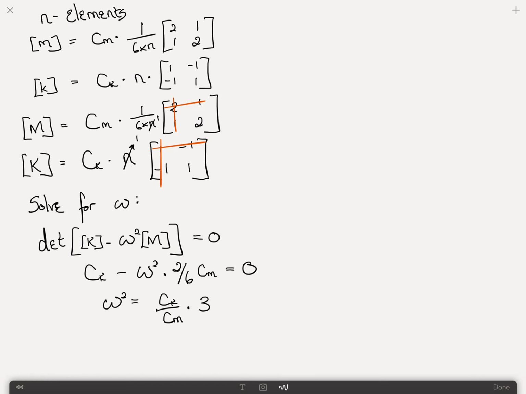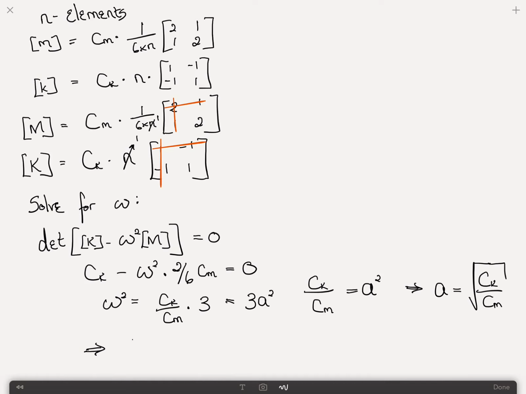And I'm just going to give Ck over Cm a name and call it a squared, which is even easier. And you'll see why I did that in a minute. So a is equal to the square root of Ck over Cm. I'm just going to write this as 3a squared.